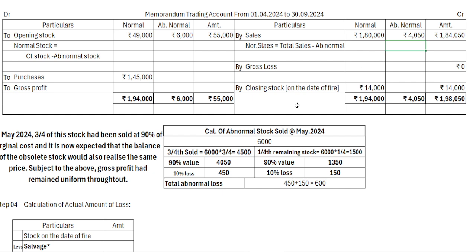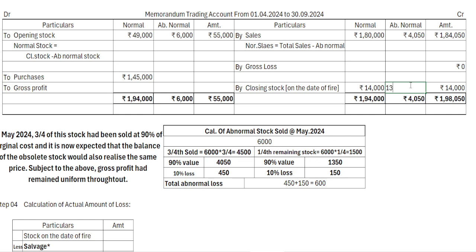Then 450 is the loss incurred by selling 3/4 of the abnormal good. Then the remaining 1/4 into 6,000 is 1,500 worth of goods still in closing stock, which is valued at 90%.